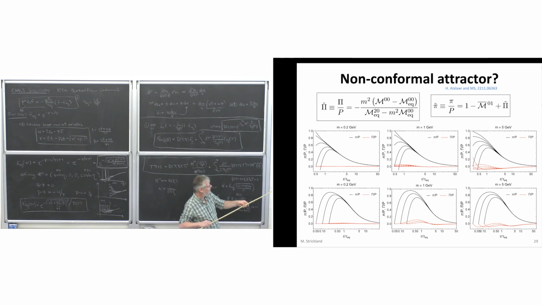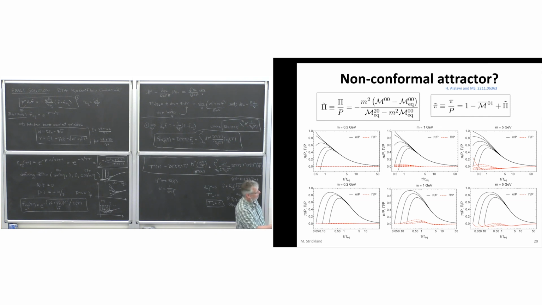Wait a minute, what is shown here? Oh, I show them all. Yeah, so this is everything: varying the mass, then this is varying the initial time, this is varying the initial condition. And you see that there's a little bit more spread in these variables, the shear viscous correction and the bulk viscous correction.